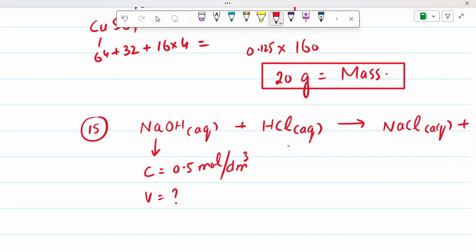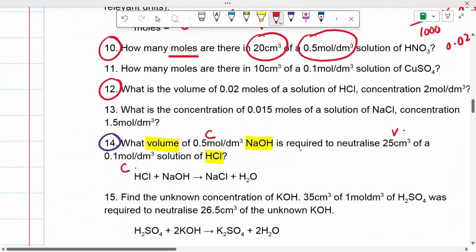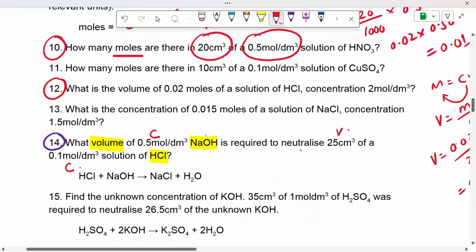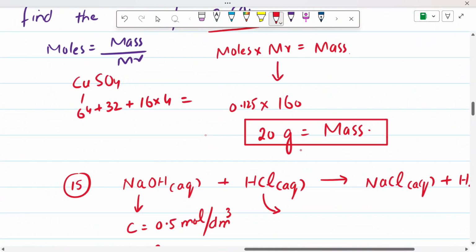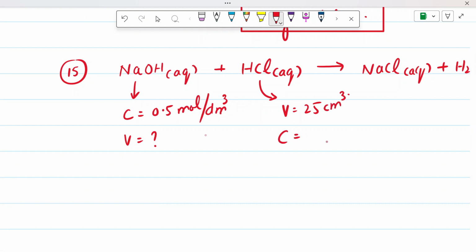Okay, and for the hydrochloric acid, let's write down the values given to you. It's question number 14, by the way. Volume is 25 and the concentration is 0.1. So the volume is 25 cubic centimeter and concentration is 0.1 mole per dm cube.